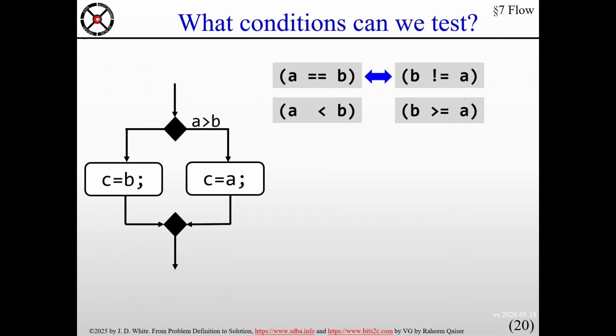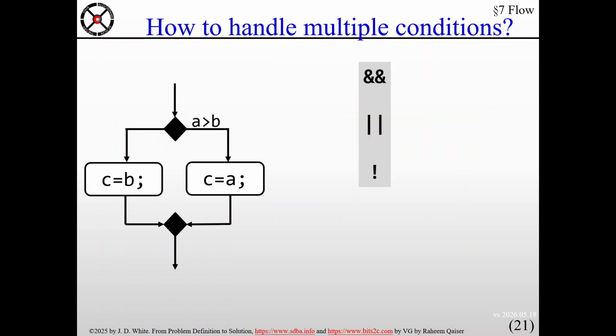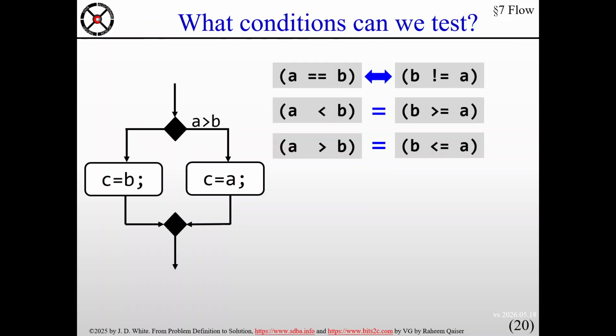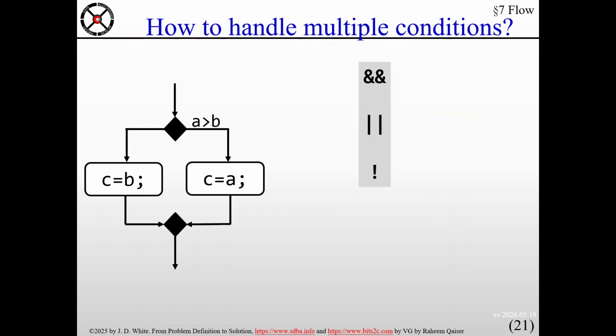Slightly different. Or I can test if the value in container A is greater than container B. Okay, actually that's not quite exactly right, I don't know if that's a mistake there. So these are all different conditions that I can test. 4 different conditions I can test.